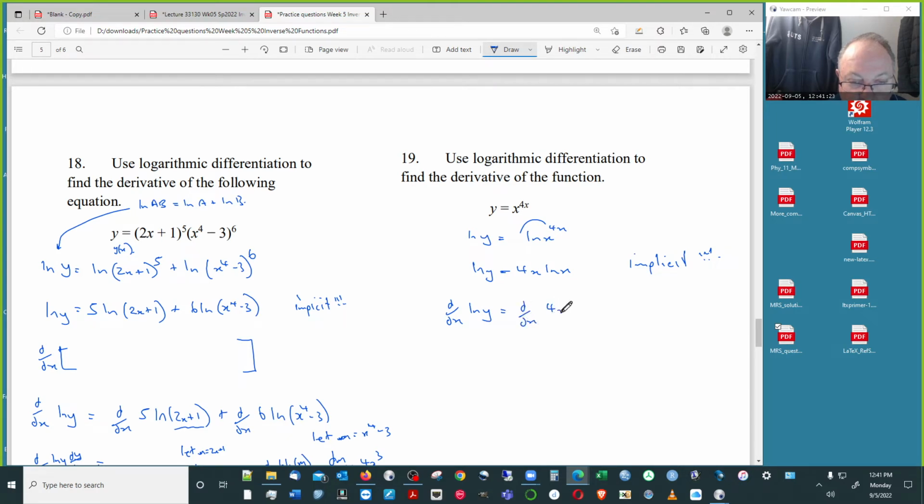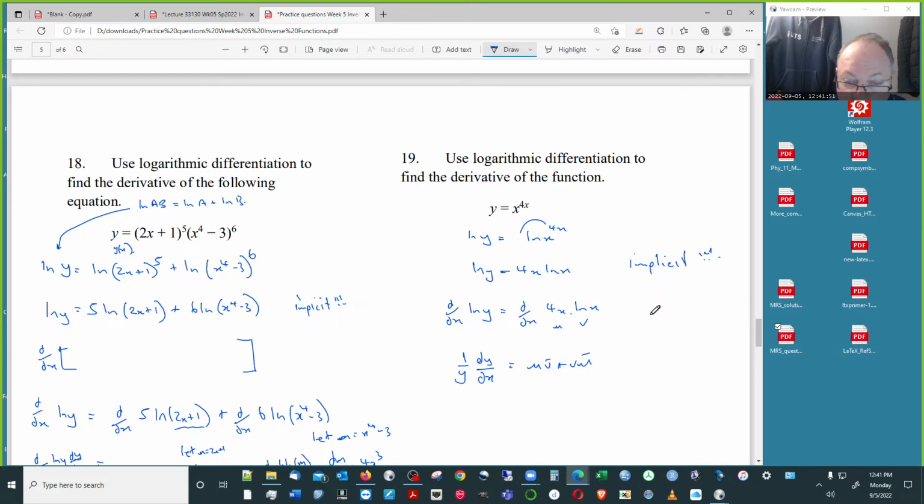Now if you get practiced at it, we can clearly see that's a product. We can clearly see this is going to be 1 on y with the dy dx left over. So you never use short form, you always use Leibniz notation when you do implicit. Okay, and this will be u dv plus v du, but you've got to do that bit.